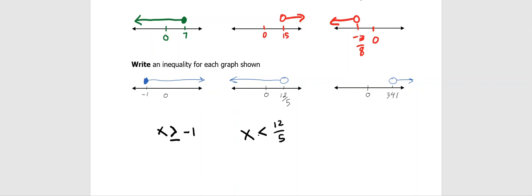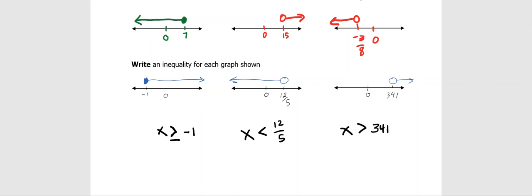You notice my inequality symbol points to the left, which matches my graph pointing to the left. Last but not least, some variable. I'll use x one more time. It's pointing to the right, which tells me it is greater than, but again, not equal to, it's an open dot, the given boundary, 341.